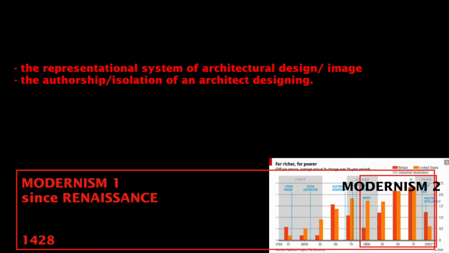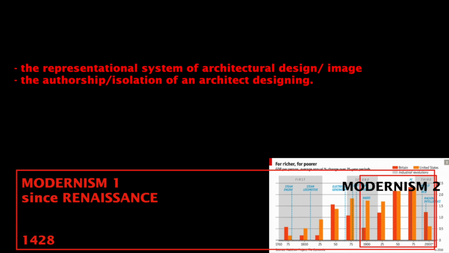But we now already see that the representational system of architectural design and representational system of image is undergoing changes. So this is this new type of describing space with parametrical or other devices that really destroys the 600 years old representational system.